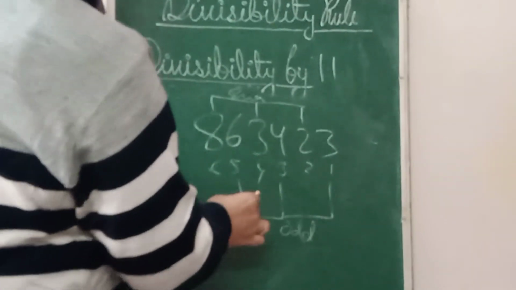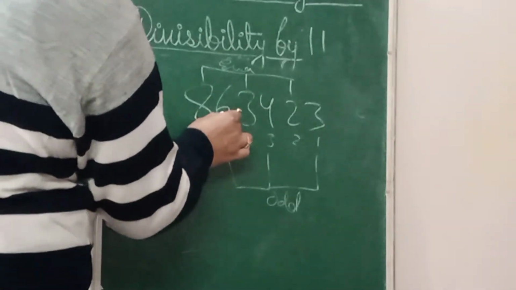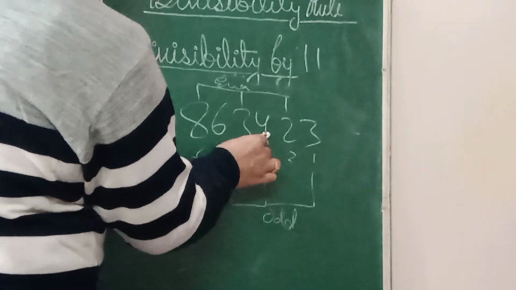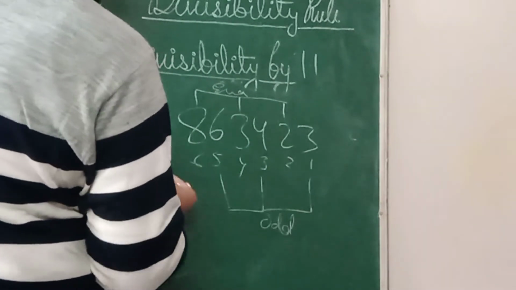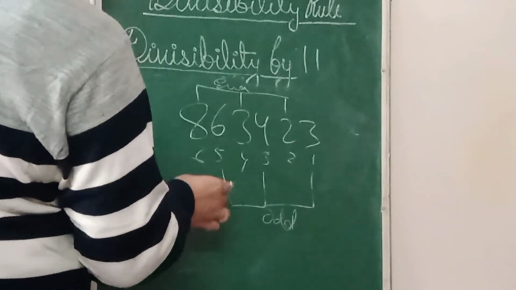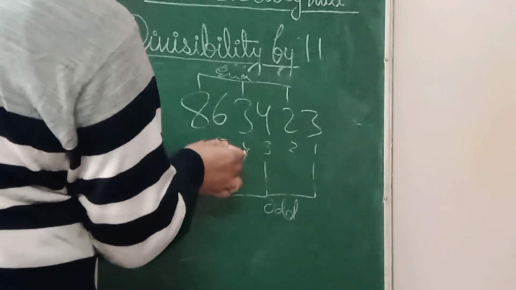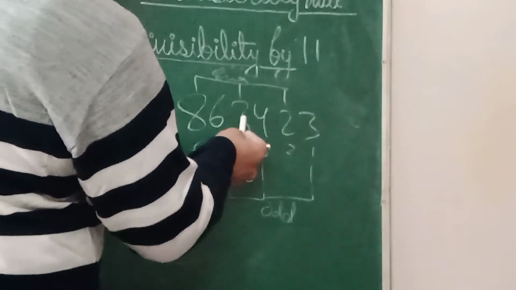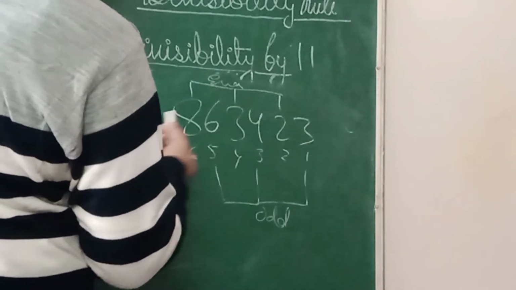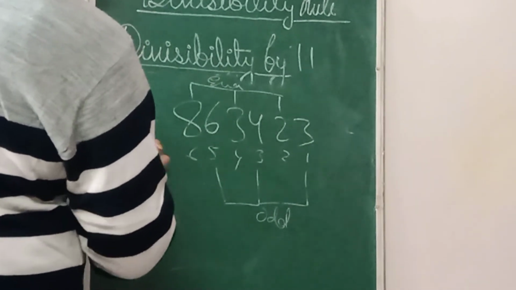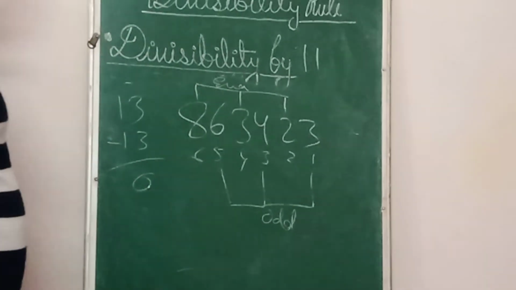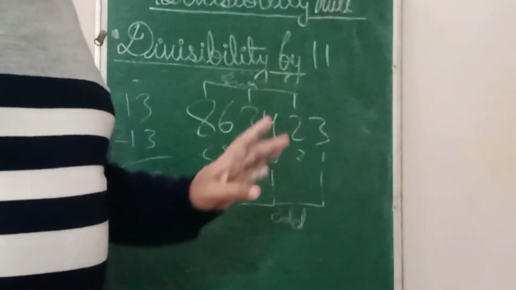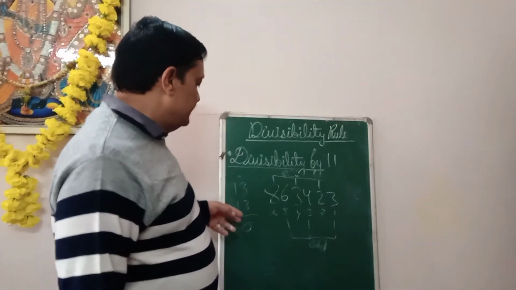Now sum of the odd places. 6 plus 4, 10. 10 plus 3, 13. Now even places. 8 plus 3, 11 and plus 2, 13. So the difference is 0. So this number is divisible by 11 because the difference is 0.